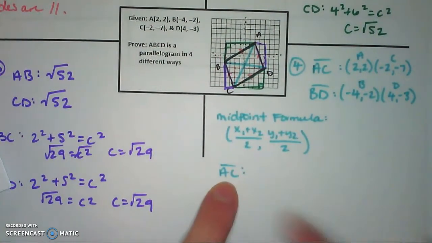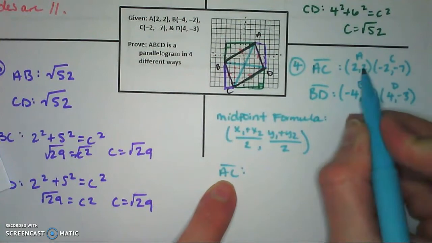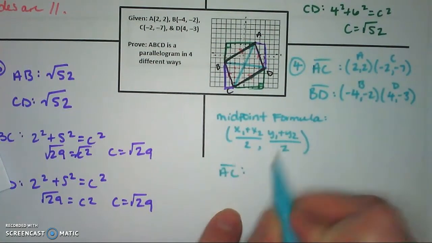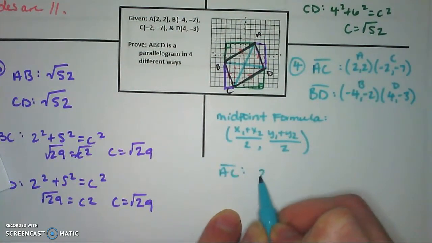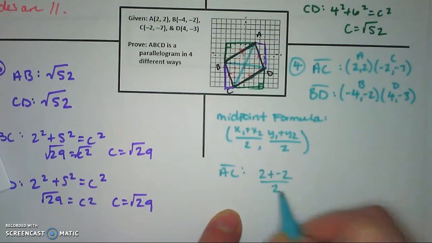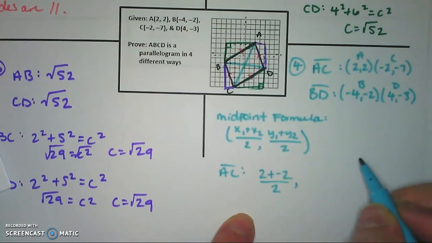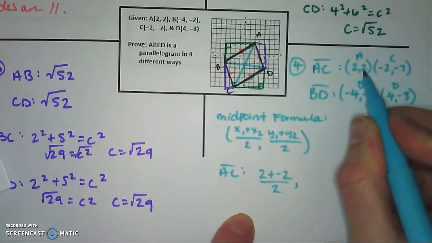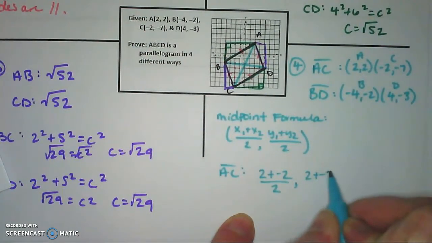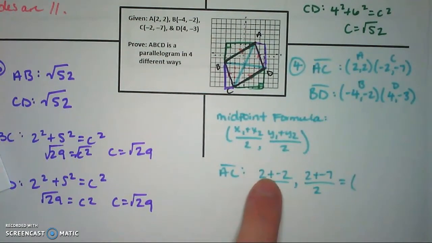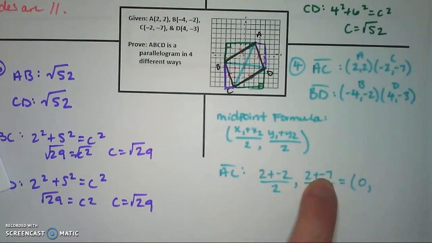So if I'm looking for the midpoint of AC, I'm going to use my points up here to plug in down here. So I'm going to add my x's. So it would be 2 plus negative 2 divided by 2. And then add your y's, which would be 2 plus negative 7 divided by 2. 2 plus negative 2 is 0. 0 divided by 2 is 0. 2 plus negative 7 is negative 5.